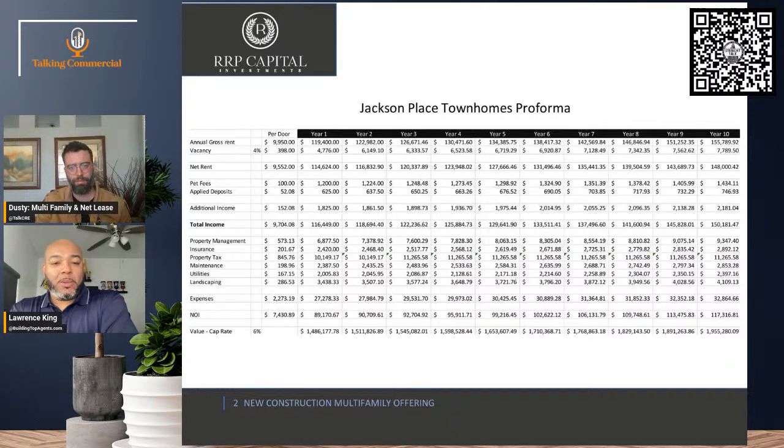So this is something prepared for us to look at. But when you're getting a profit and loss from a client, a lot of times the taxes and the insurance, or at least one of the insurances, is not included on there. So make sure when you're reviewing these things that you look at Timber. Make sure you check all those boxes, because those are major items that could be left off when you're looking at stuff.